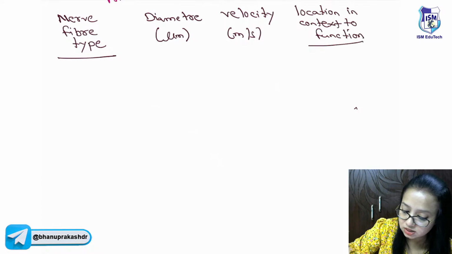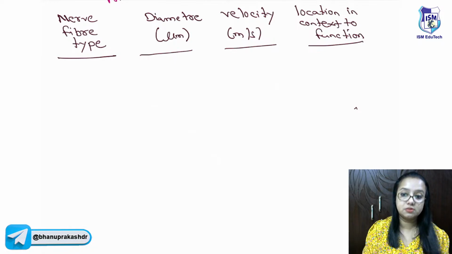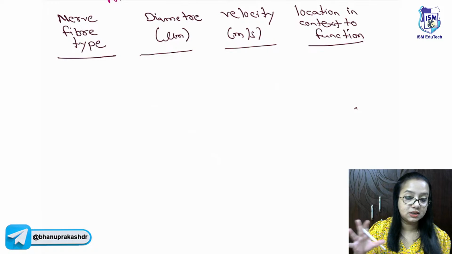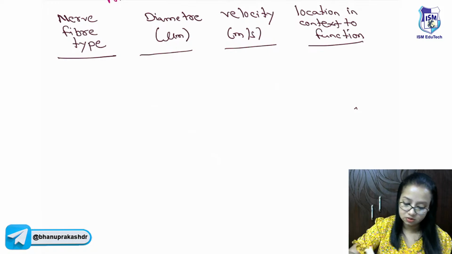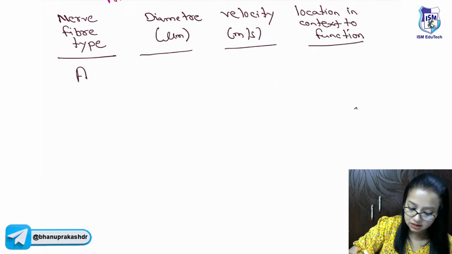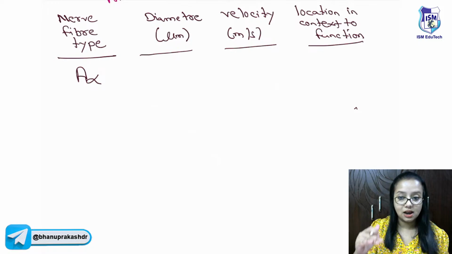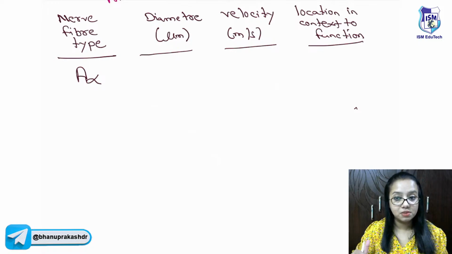Here we will mention what sensation it is sensitive to, or what it is actually sensing. So here, nerve fiber type A alpha. This A, by Erlanger and Gasser, has been nomenclatured into subtypes: A alpha, beta, gamma and delta.